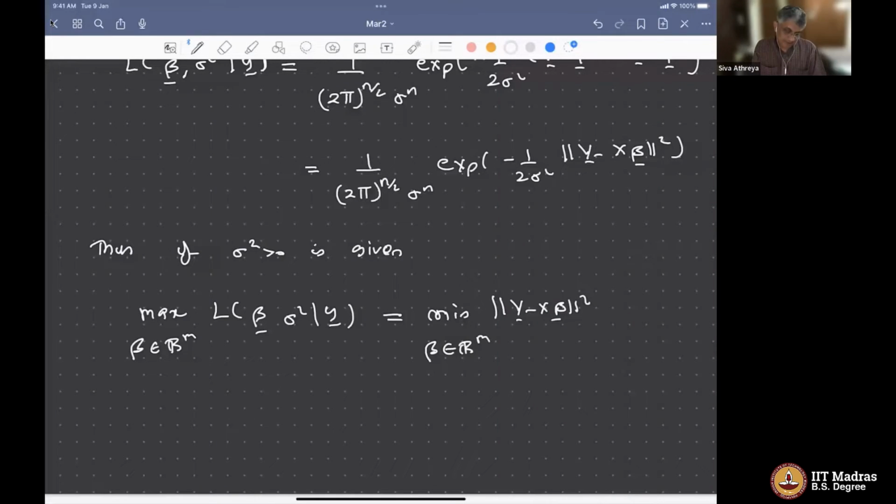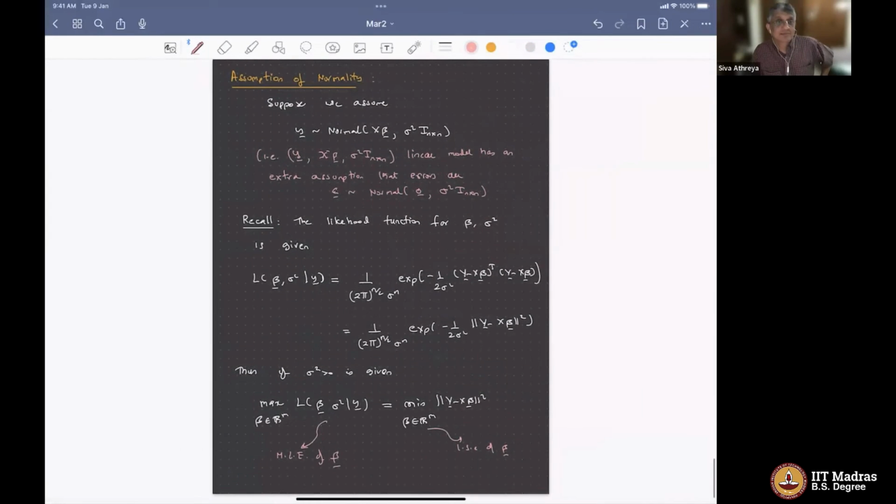Okay, but now we know this guy here is the MLE of beta, the maximum likelihood estimate of beta, and this one we know is the least squares estimate of beta. So the two things match. That is, the MLE problem and the least squares estimate problem match under the assumption of normality, because the likelihood functions match nicely.